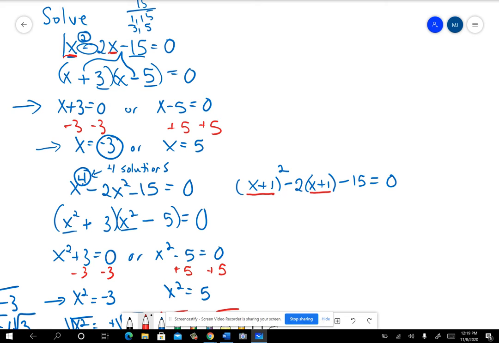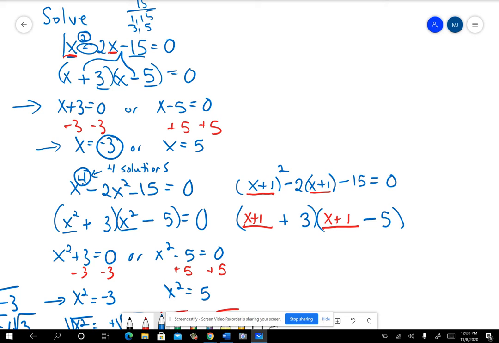Okay, but I really want you to look at this. See if this makes sense. What about just trying to factor, but instead of just using x right here and x right there, use x plus 1. Wouldn't that give you x plus 1 squared? Okay. All right, and then on the 15, we'll do like we did before. We'll use a 3 and a 5, and we'll make the 5 negative and the 3 positive.